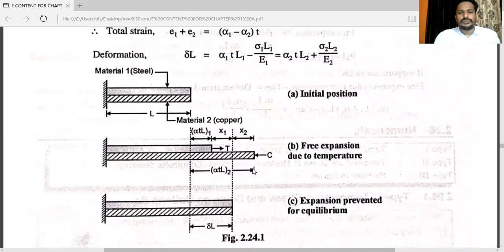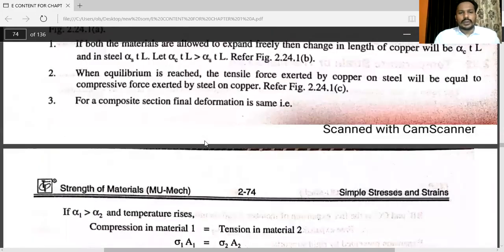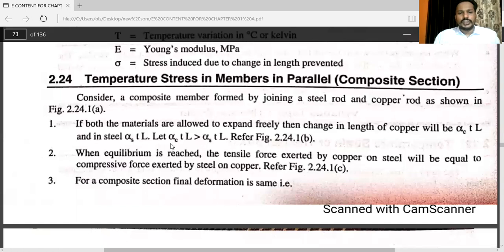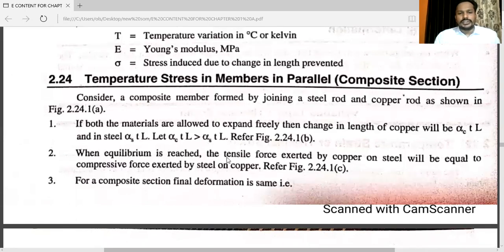See this. This is for copper. This one is for steel. So according to the diagram, this condition is very important. When equilibrium is reached, the tensile force exerted by copper on steel will be equal to the compressive force exerted by steel on copper, already shown in the diagram.